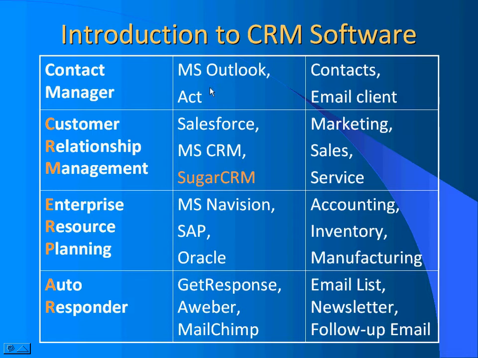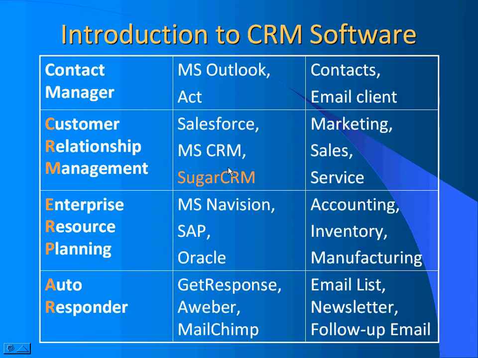Okay, the next category of software is what has been called now as Customer Relationship Management Software. So the brands in this area is Salesforce, Microsoft CRM, and Sugar CRM. So today this preview is about Sugar CRM, and Sugar CRM is in this category.